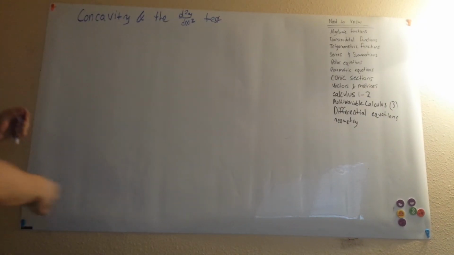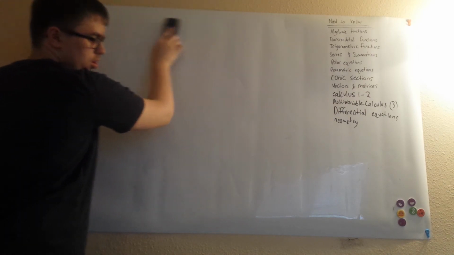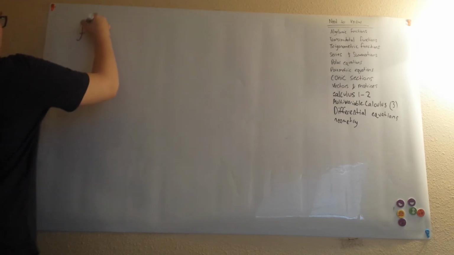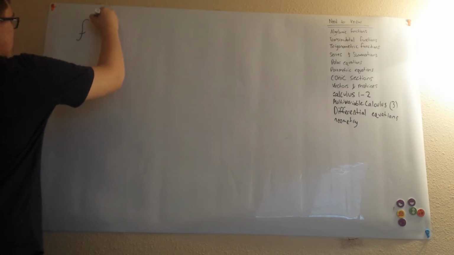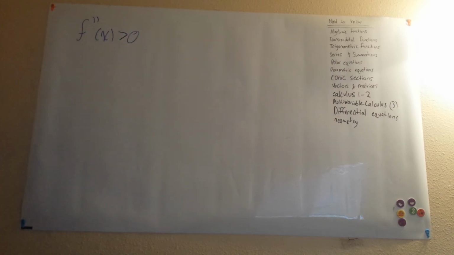So remember, if I say f double prime is greater than 0, that means f prime of x is increasing, and f of x is concave up.